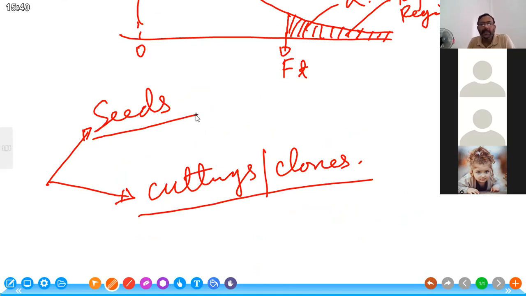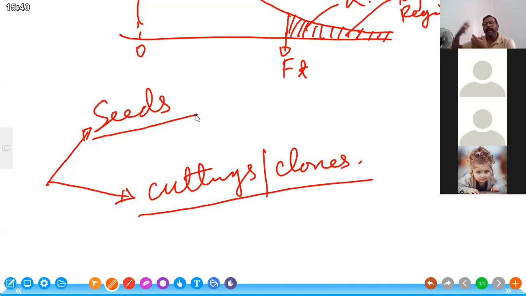Is it among seeds, or is it among clones or cuttings when you do the experiments? Cuttings. With cuttings, the unexplained variability is reduced. Yes, less. Why? Because clones and cuttings come from the mother plant.